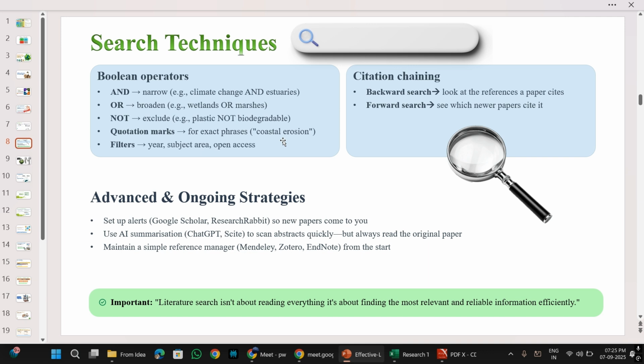There are also some advanced and ongoing strategies with AI coming into the picture. Besides that, there is something that we call reference manager. So you can use one of the reference managers, maybe Mendeley or Zotero or EndNote. There are numerous videos on YouTube on how to download and install it, which is again very simple.